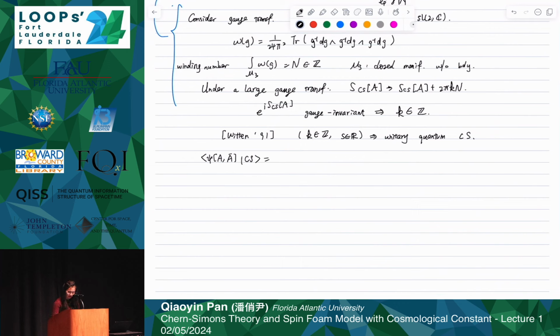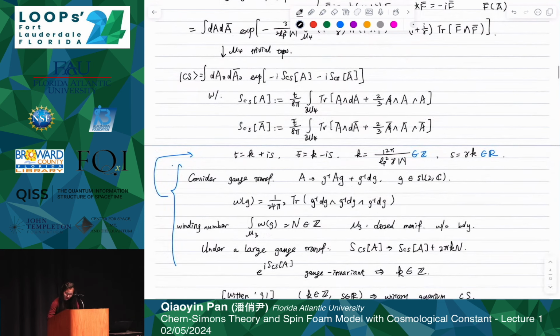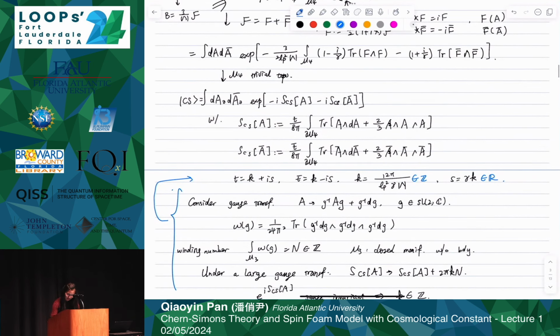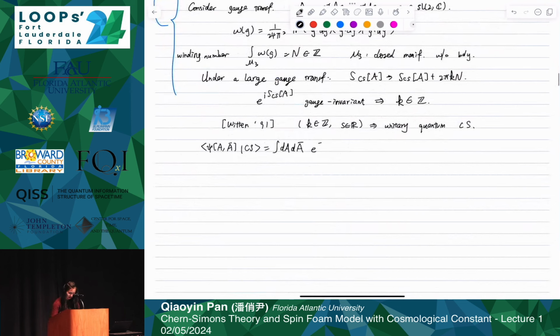Explicitly, it's a DA bar. Let me also denote this action, which has a complex Chern-Simons coupling constant, by T, which is a function of A and A bar. Then I consider the e to minus i S_T.